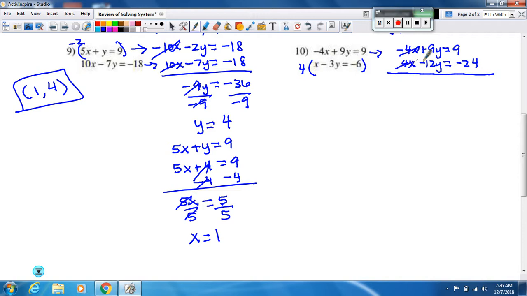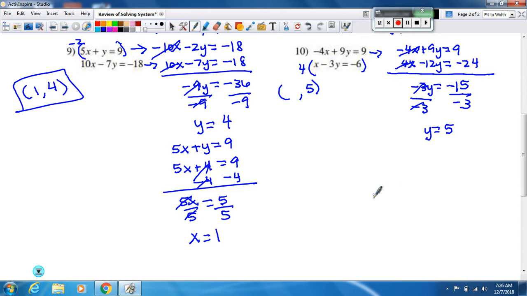Opposites cancel. 9 take away 12 is a negative 3y equals 9 take away 24, which is a negative 15. Divide both sides by negative 3. Top cancels with bottom. Negative 15 divided by negative 3 is a positive 5. And that's the y value, so we've got to find the x value.